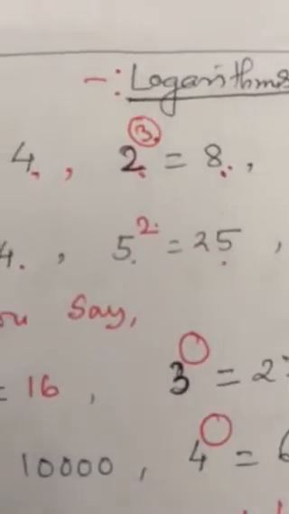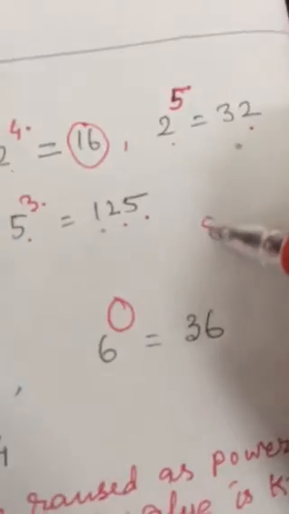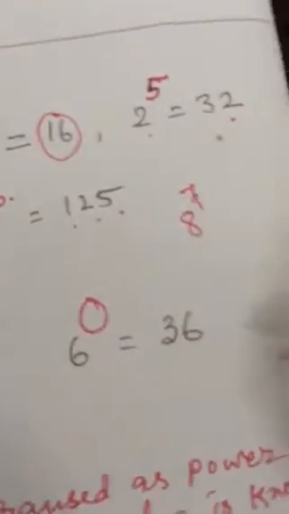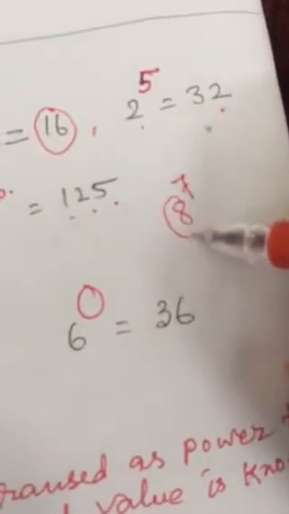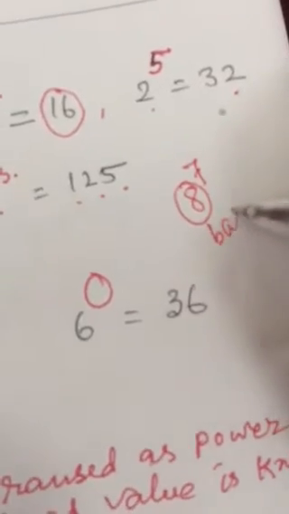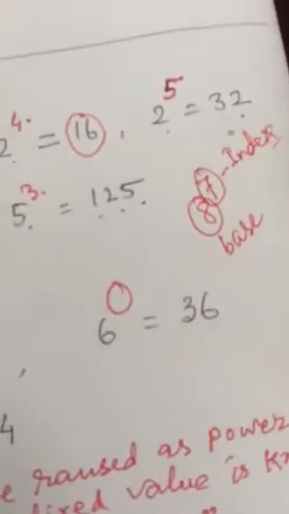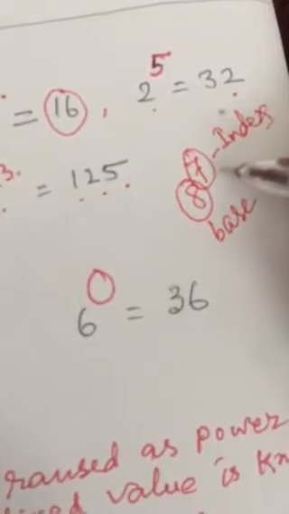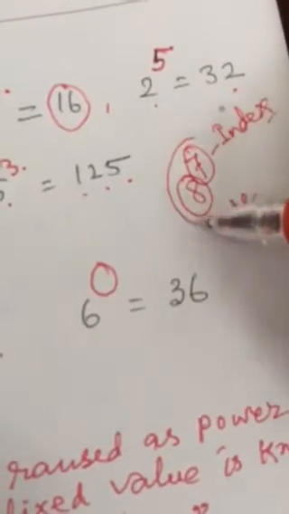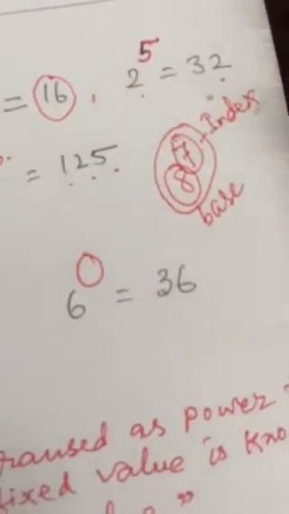If I write an index notation like 8 to the power 7, we know that 8 is called the base and this is called the index, the power, or exponent. Either we say index or power or exponent, and this form is called index notation, index form, or exponential form.